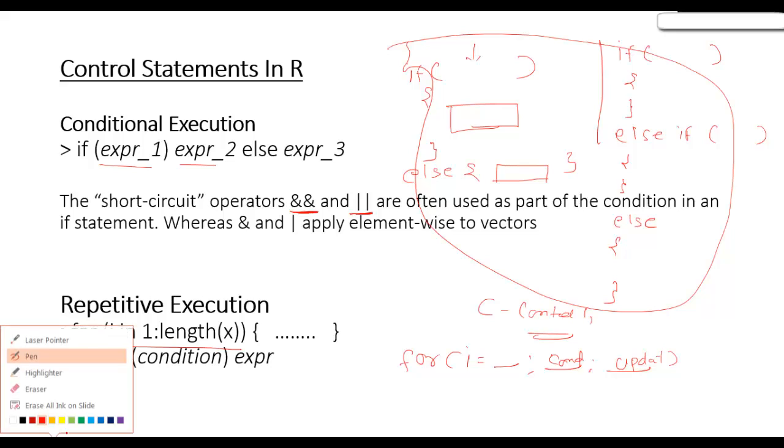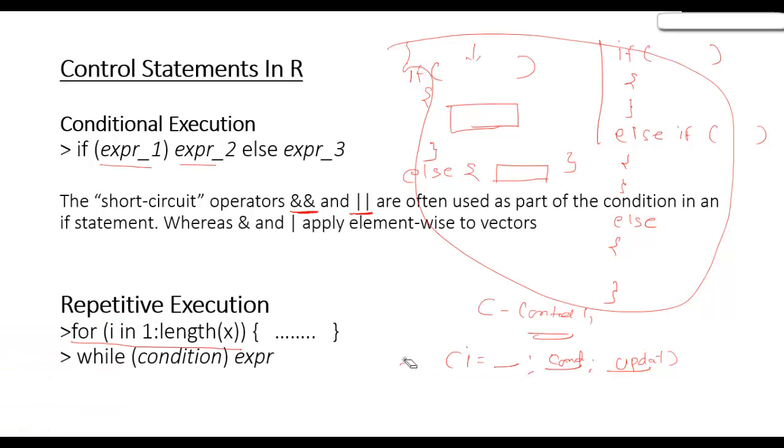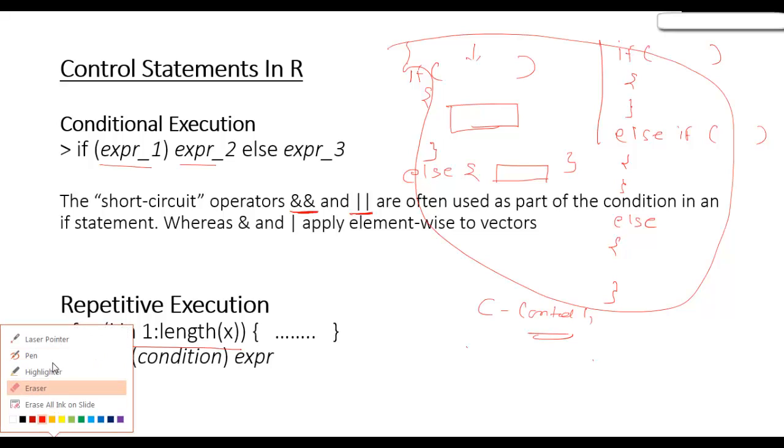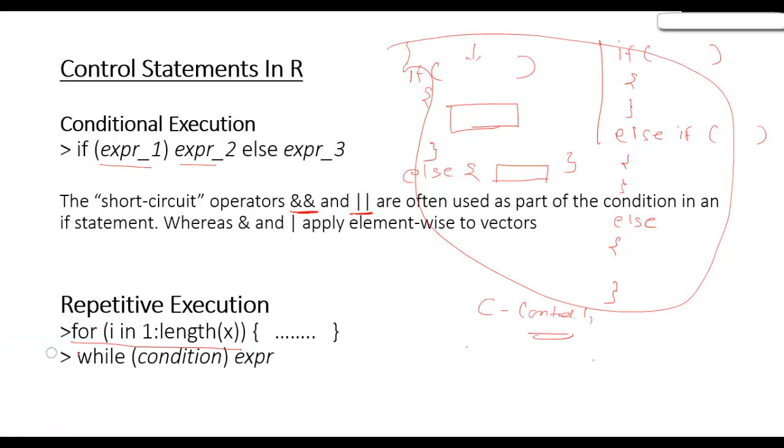Here you will see that what we are using is basically a vector inside this for loop. You are not formally introduced to vectors yet, so don't get confused, just think of it like this.